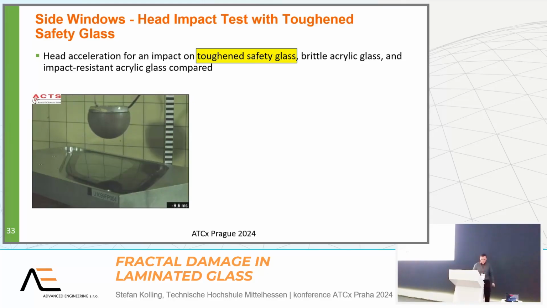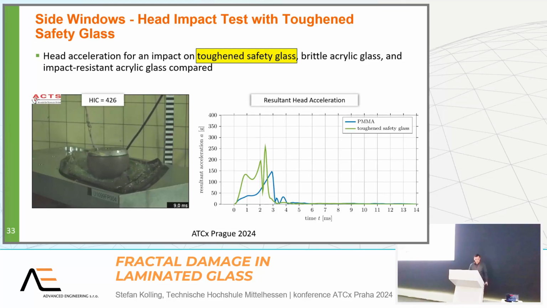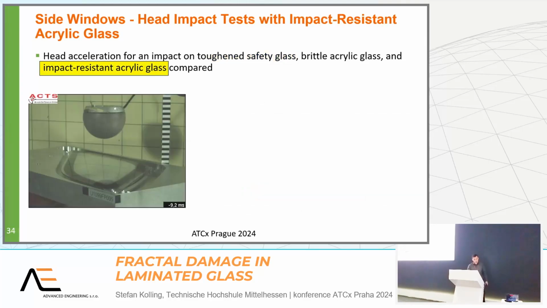It looks a little bit like water, but it is glass. Toughened safety glass, and again the acceleration is not very high. This guy can survive with a high probability.